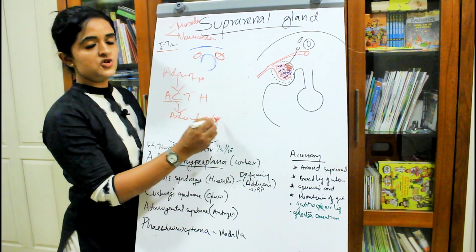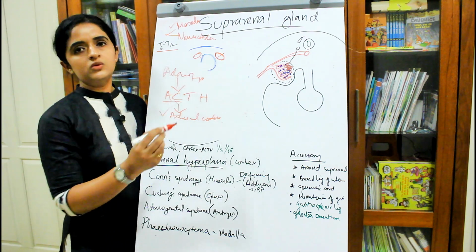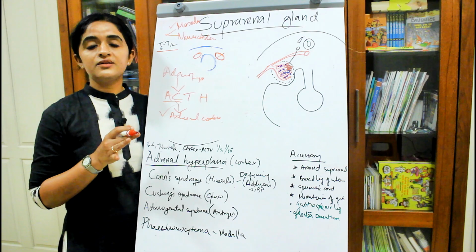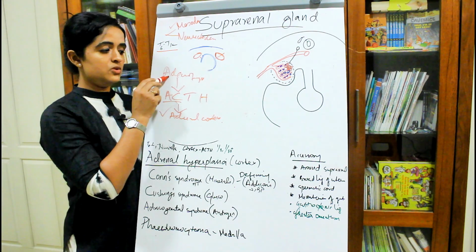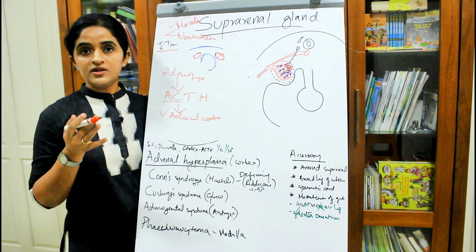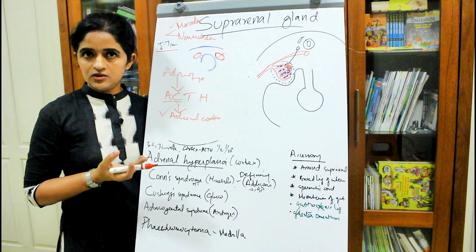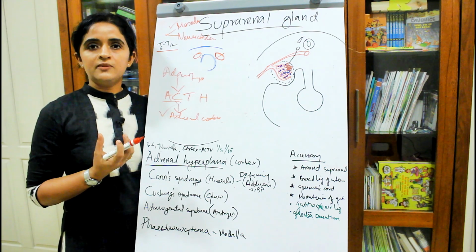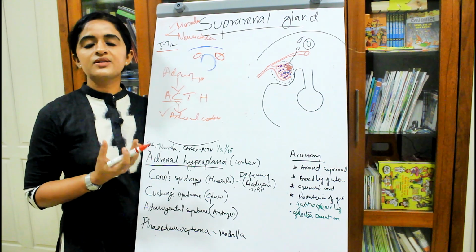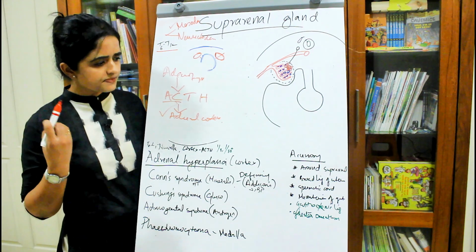This knowledge is essential because when we deal with the applied aspects, you need to know this. So the adrenal cortex is under the control of the pituitary in the form of adrenocorticotropic hormone, whereas the adrenal medulla is supplied by the sympathetic neurons, and the cells of the adrenal medulla, the chromaffin cells, act as post-ganglionic sympathetic neurons.